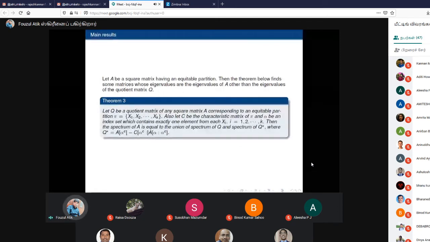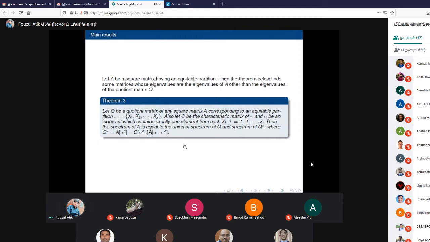But here the good thing is alpha is an index set which contains exactly one element from each Xi. Now each Xi may have more than one element. So we can have all kinds of possible alpha, for each of which we will get one Q star.